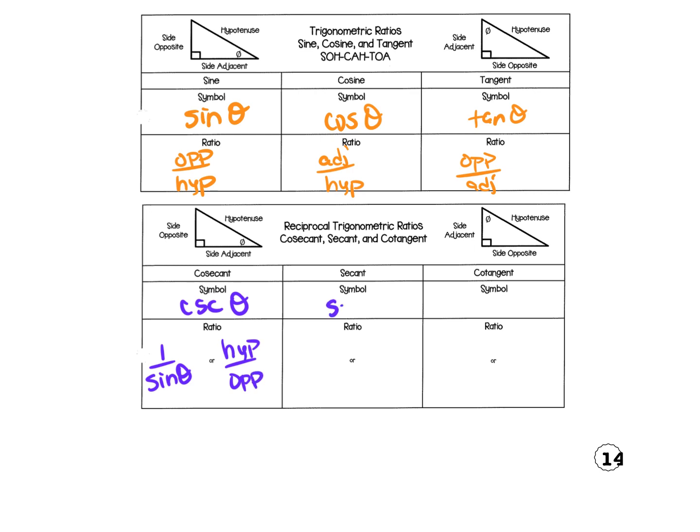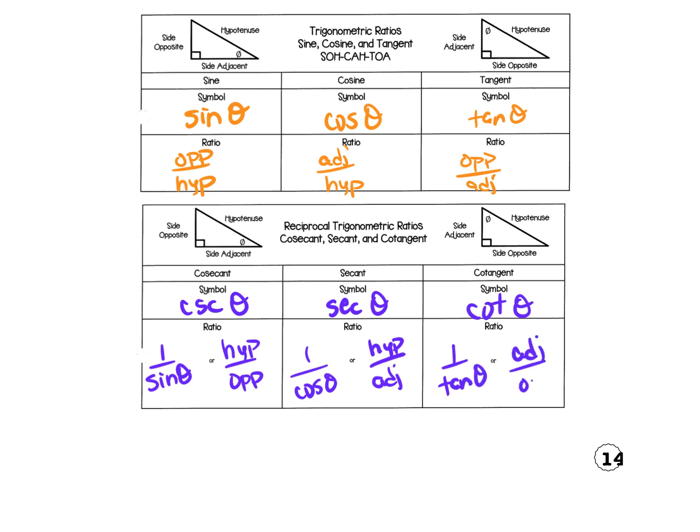For secant, we shorten that to SEC. And so it's 1 over cosine, or we flip it, so hypotenuse over adjacent. And for cotangent, yes, it's cotangent, not cot. So 1 over tan of theta, or adjacent over opposite.